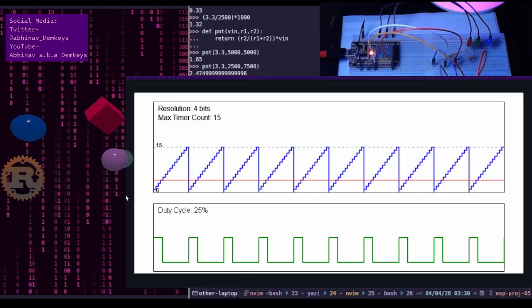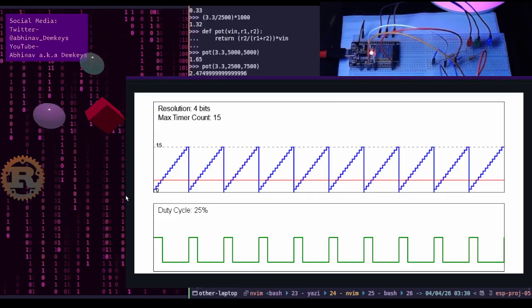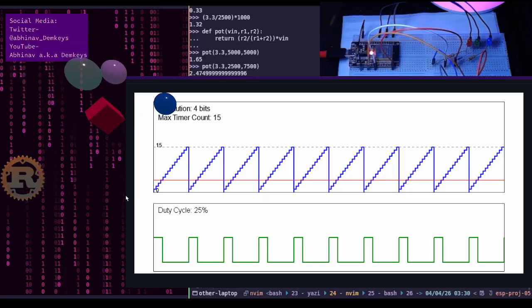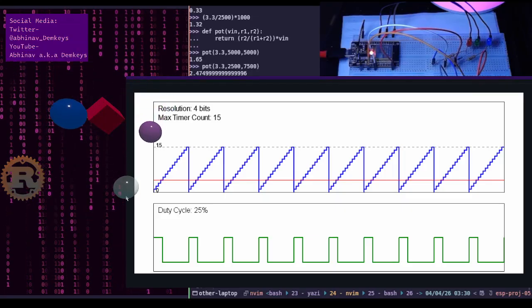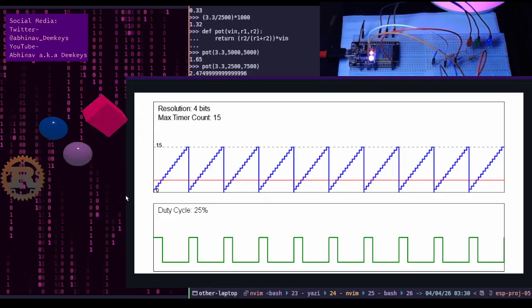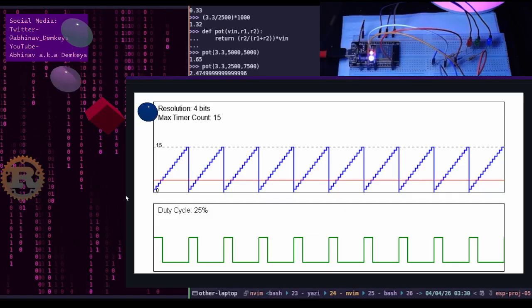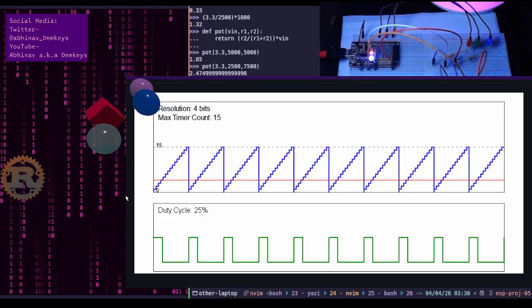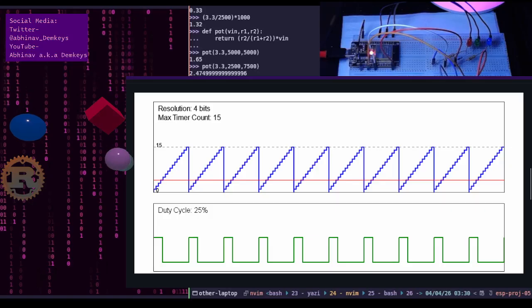Oh, what did I just hit? Oh, I accidentally closed that. Hold on just a second here.